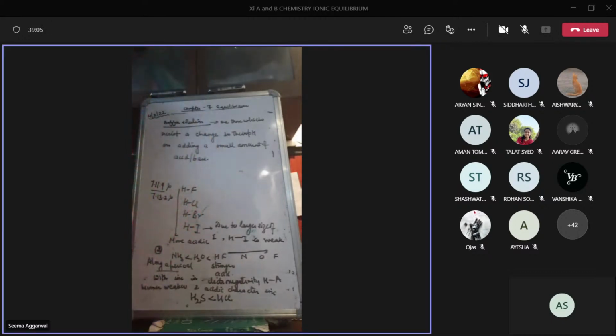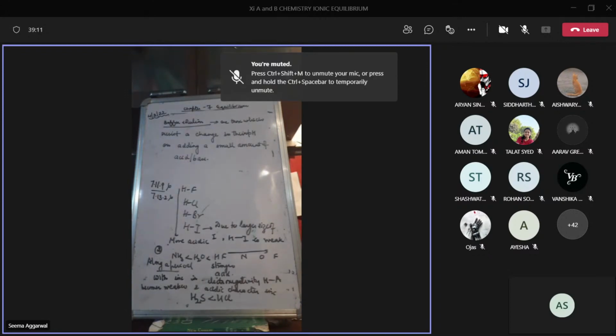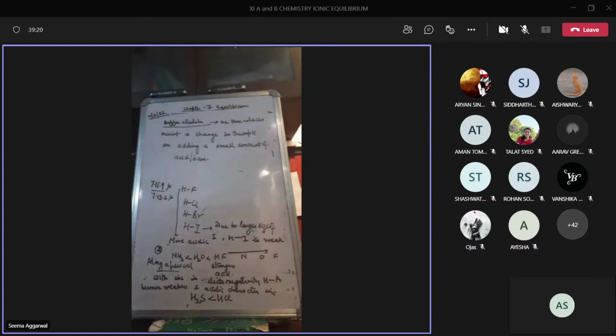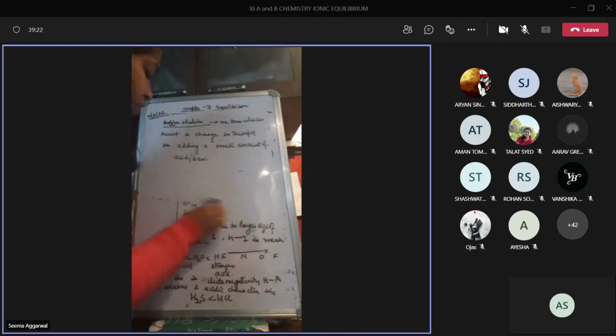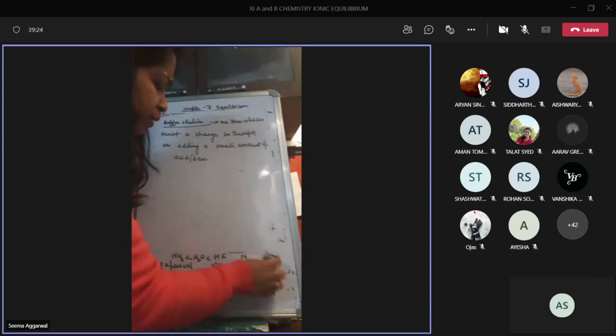It should not be added in excess. So these types of solutions are called buffer solutions. And for bio students, it's very important because we know that our stomach, what is the pH of our stomach, acidic or basic?